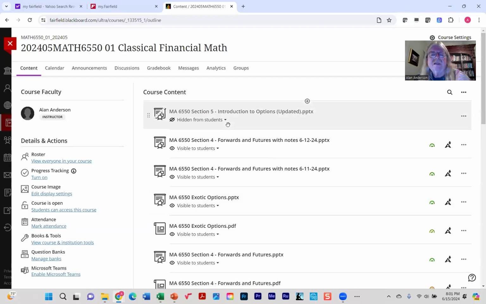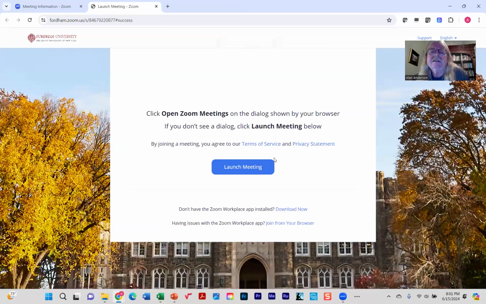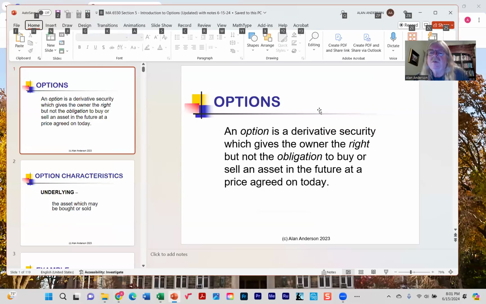Okay. The one thing that I find very, very frustrating is that I'm using PPTX PowerPoint files here so I can write on them. PDF technically has the capability of letting you write on it, but it's very awkward and clumsy in my opinion. But if I write on these and then save them as PDF, for whatever reason, the writing that I do does not show up in the PDF version.